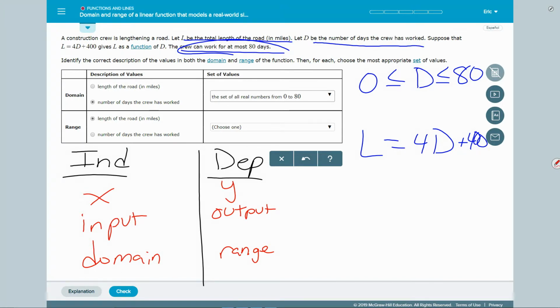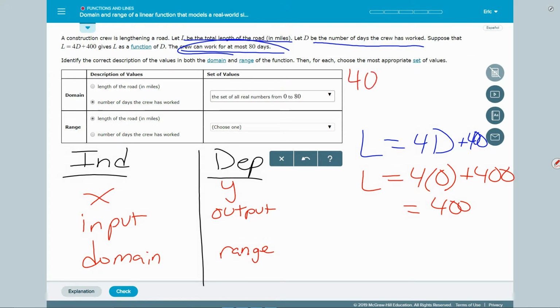So if the crew works 0 days, our length equals 4 times 0 plus 400, or just 400 miles. So basically, if the crew does not work, the length of the road will still be at least 400 miles. Now, what happens if the crew works the maximum amount of time that they can, which is 80 days?